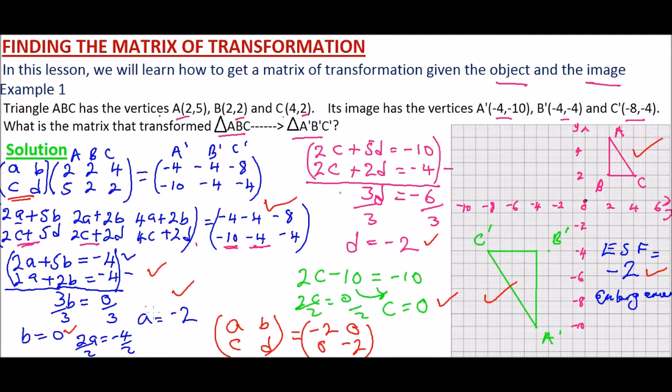Then you'll be able to get the values of the elements of the matrix that is used to transform the object. So that is how we get the matrix of transformation given the object and the image. We are going to do several examples so that you understand how to go about it.